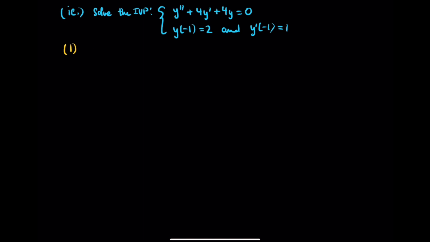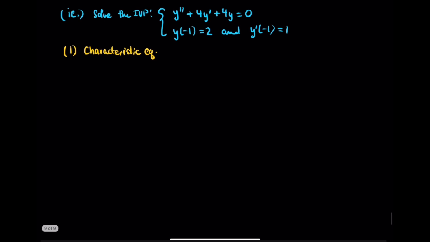Okay, so first thing we've got to do is write the characteristic equation. We are given y double prime plus 4y prime plus 4y, so therefore our characteristic equation must be r squared plus 4r plus 4 equals 0.